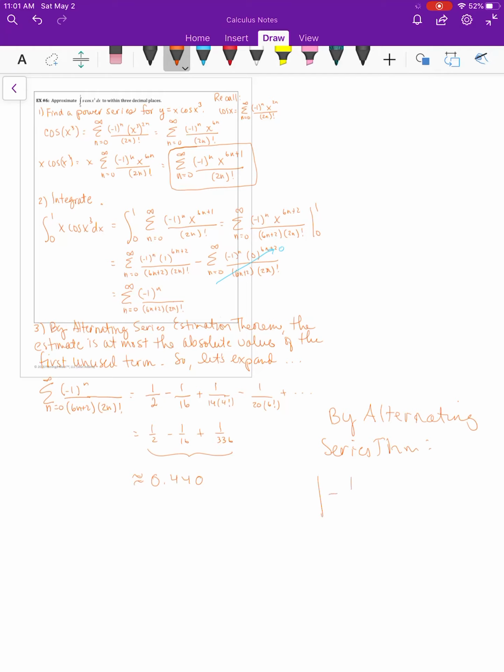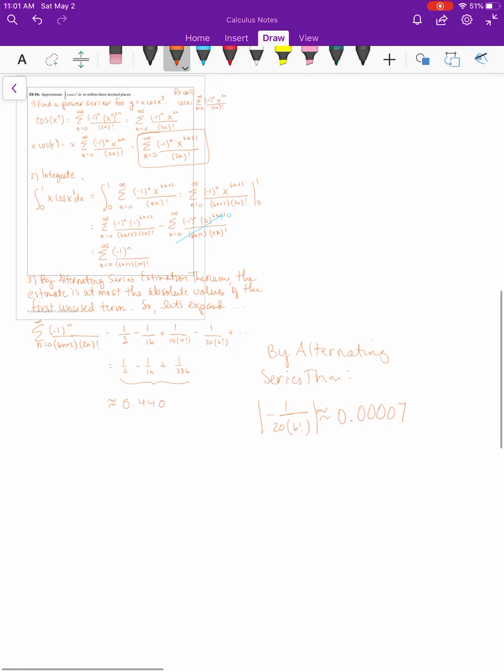The next term, if you put that in your calculator, you're going to see, so by the alternating series theorem, the absolute value of the next, that unused term, is going to be approximately 0.00007.